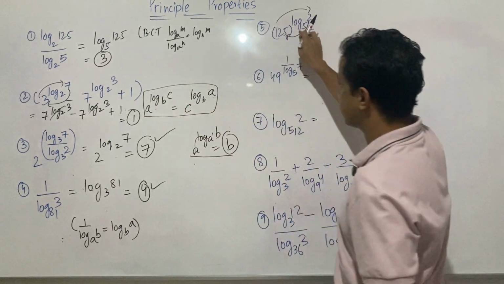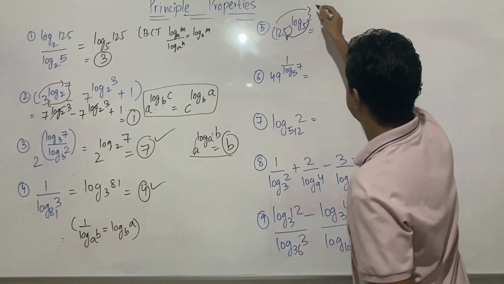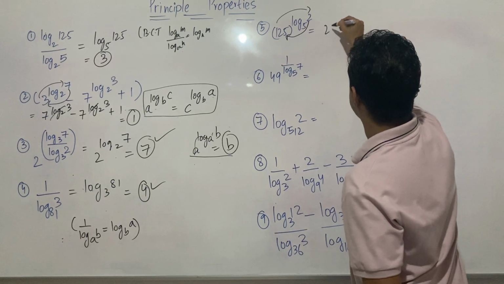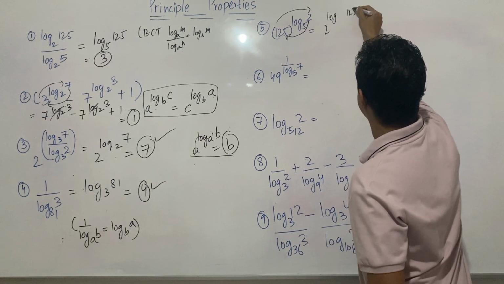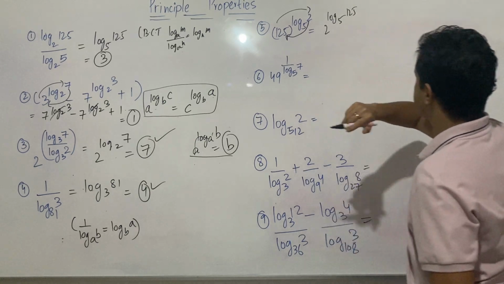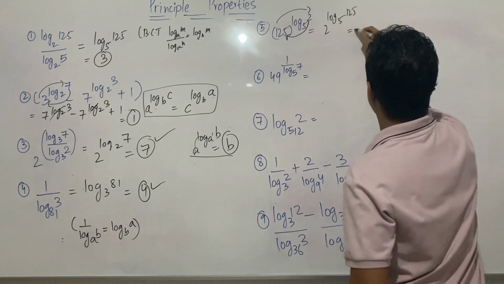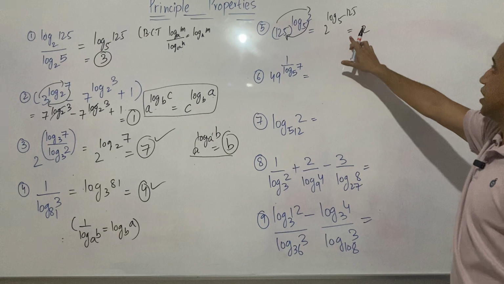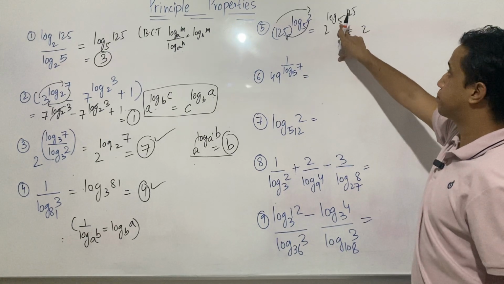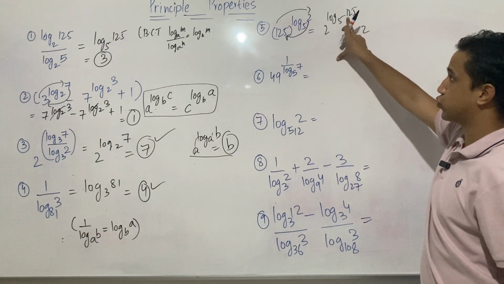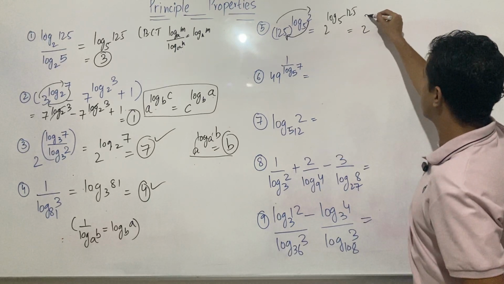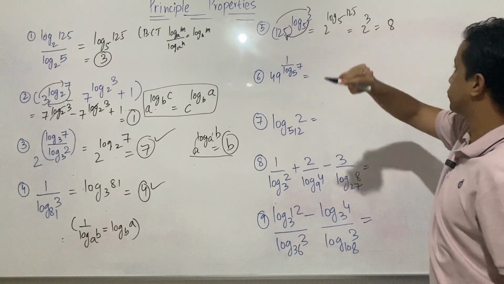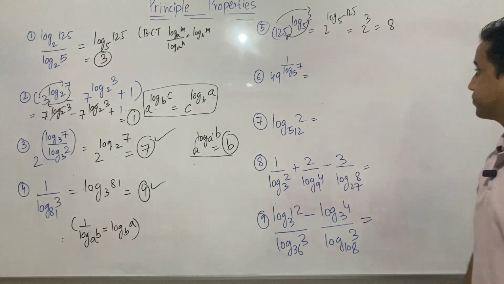Using this property, what would happen? It would be 2 raised to log 125 to the base 5, right? And it means to what power should we raise this 5 to get 125 as our answer? So the answer is 3, so it's going to be 8, right?